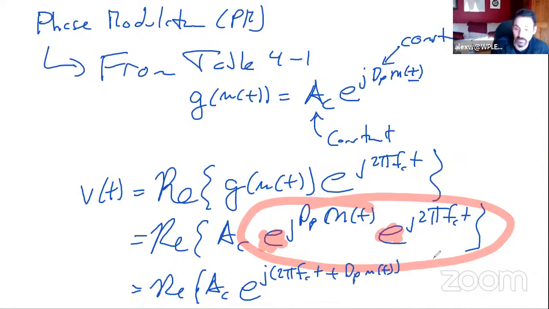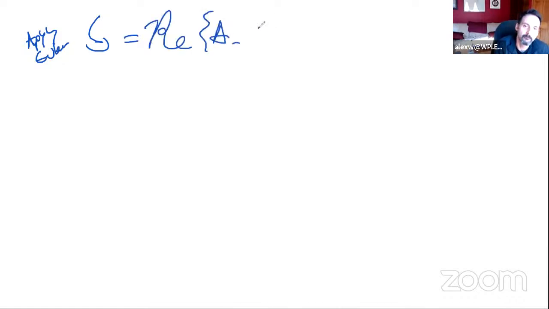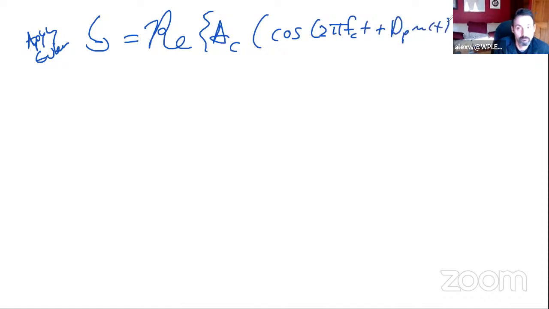Oh, you know this is going to be good. You know this is going to be awesome. Because now what I do is apply Euler again. So apply Euler. And so this is going to be equal to real A_C cos of 2 pi f_c t plus d_p m of t. Very cool.